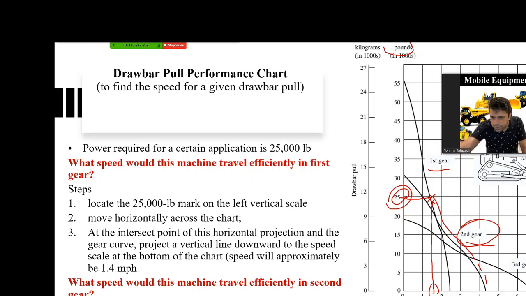The first gear intersects here at 1.4, and the second gear is this one. You intersect right over here, and the corresponding speed will be 1 mile per hour. Super slow, right?